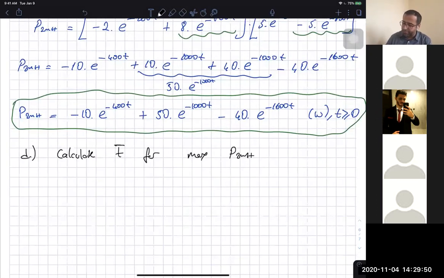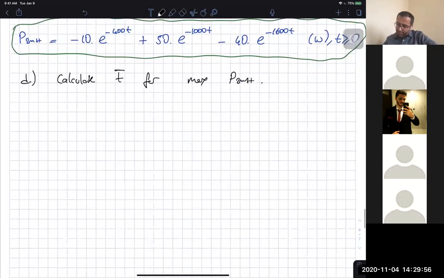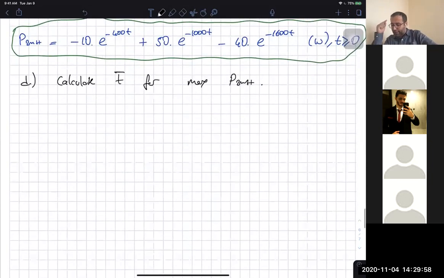So okay, now we have the previous case that we skipped last time. So now we have the power equation. We need to calculate the time instant when we have the maximum power on this inductor.